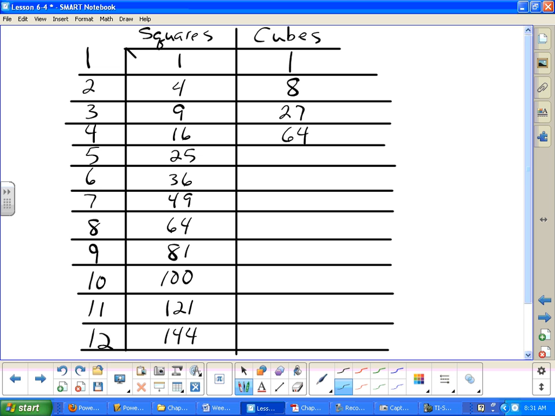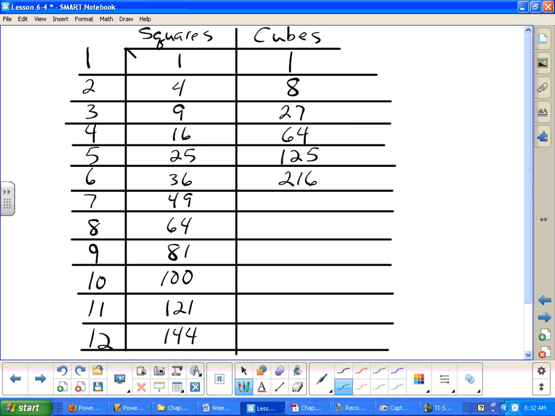How about 5 cubed? 125. And 6, 216. Now you could just go to your y equals and put x cubed in your y equals 2, couldn't you? And then look at the table.